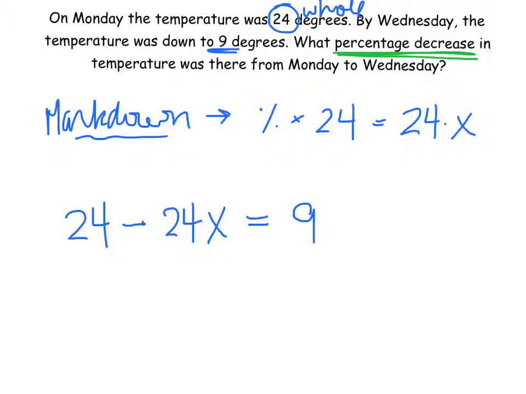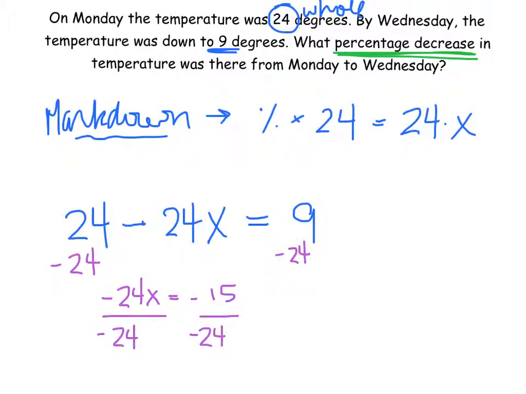And now we need to solve our equation for x. So we subtract 24 from both sides, and we get negative 24x equals negative 15. Divide by negative 24, and that leaves us with x equals 0.625. However, remember, this is in decimal form.